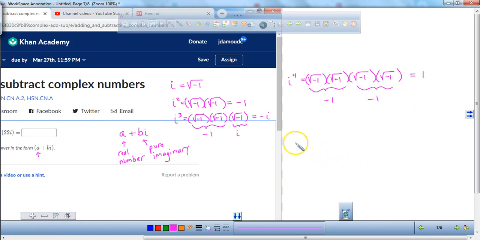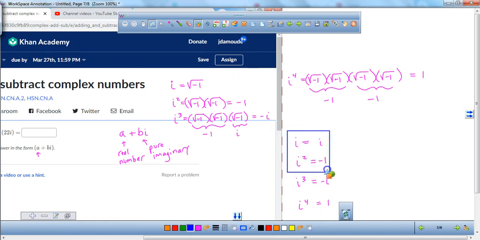So here's our pattern. We have i squared, i cubed, and i to the power of 4, and then it repeats. i is just the square root of -1, but i squared is -1, i cubed is -i, and i to the power of 4 is 1. And then it just repeats over and over.